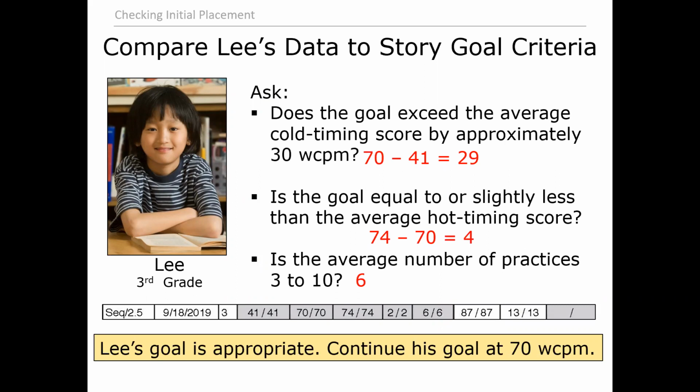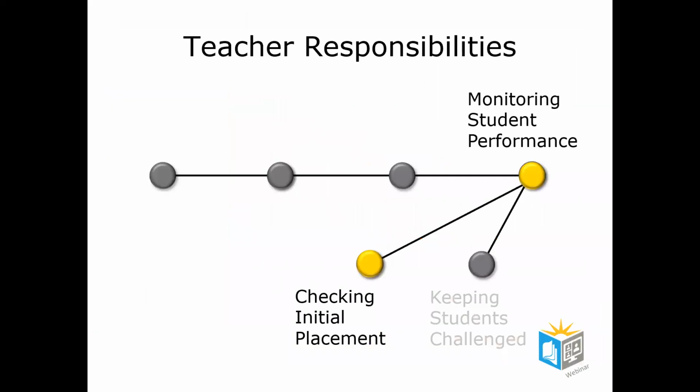And so it seems to be the good spot for him. So placement day put him in the right spot. We're going to continue Lee in level 2.5, continue Lee with a goal of 70 words correct per minute. So that is the process of checking initial placement.